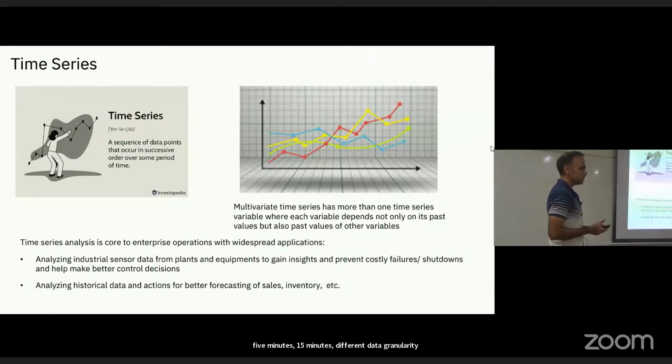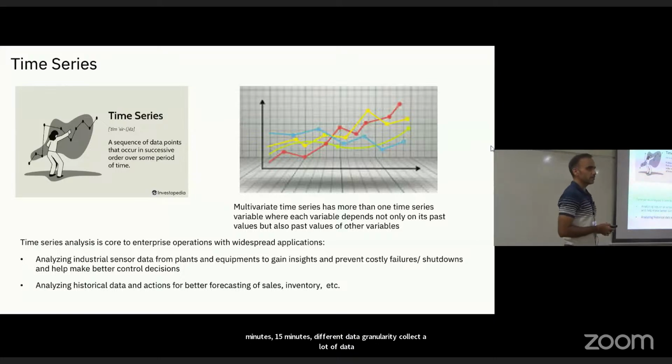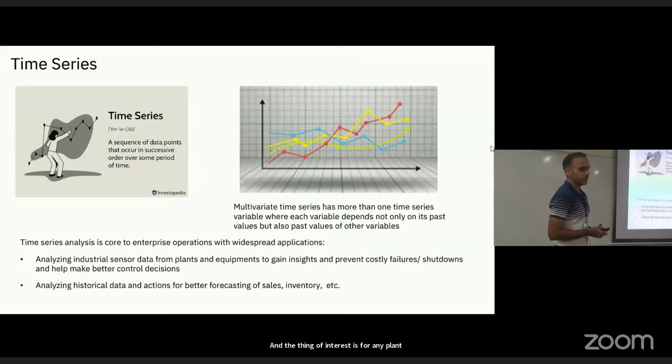The thing of interest for any plant operator is what can you do with this data? Can you gain insights from it and use that to operate the plants efficiently, in terms of how you control the equipment, or get an indicator that something might fail, so you can take proactive actions and make better decisions? That's in an industrial setting.